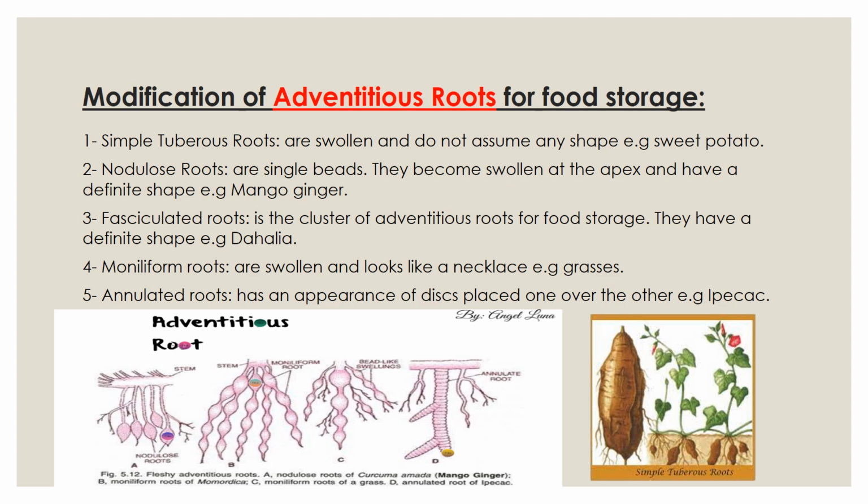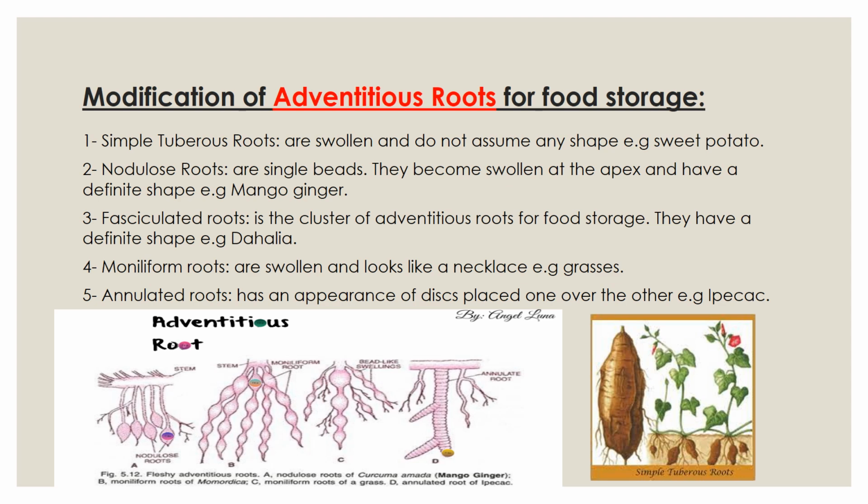Fasciculated roots are a cluster of adventitious roots. Cluster means in a bundle. They always grow as a bundle of adventitious roots for food storage. They have a definite shape also. For example, dahlia. And I will show you at the next slide.